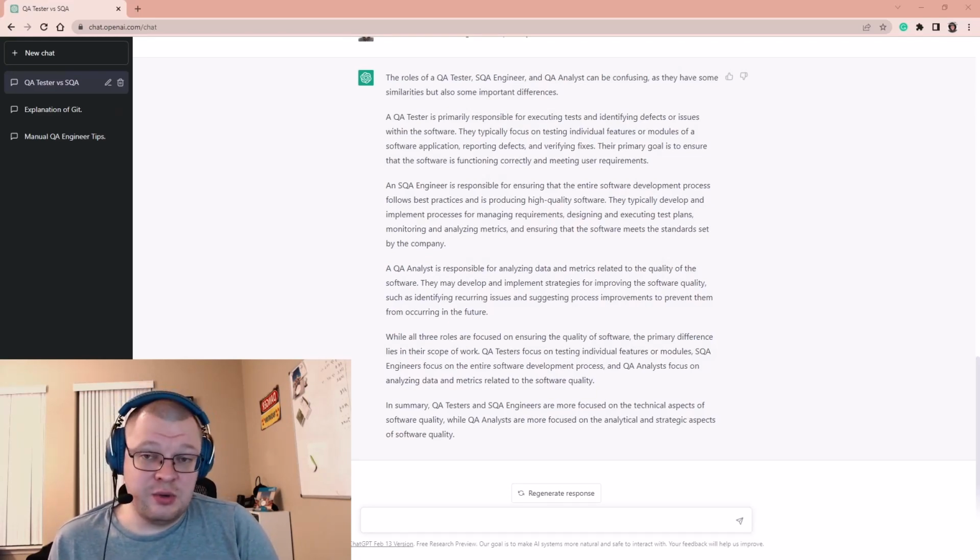Now, an SQA engineer is responsible for ensuring that the entire software development process follows best practices and is producing high quality software. They typically develop and implement processes for managing requirements, designing and executing test plans, monitoring and analyzing metrics, and ensuring that the software meets the standards set by the company.